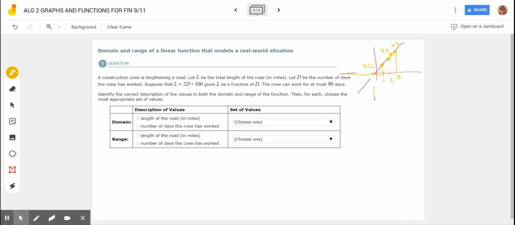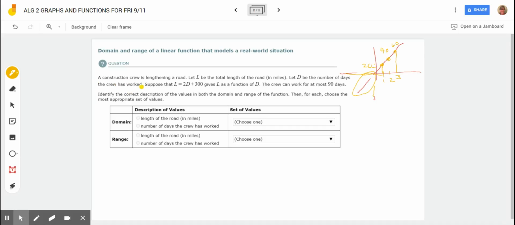But you can't have negative 1 cup, so it only makes sense in the positive. A lot of times the domain is about common sense, so be on your lookout for that.